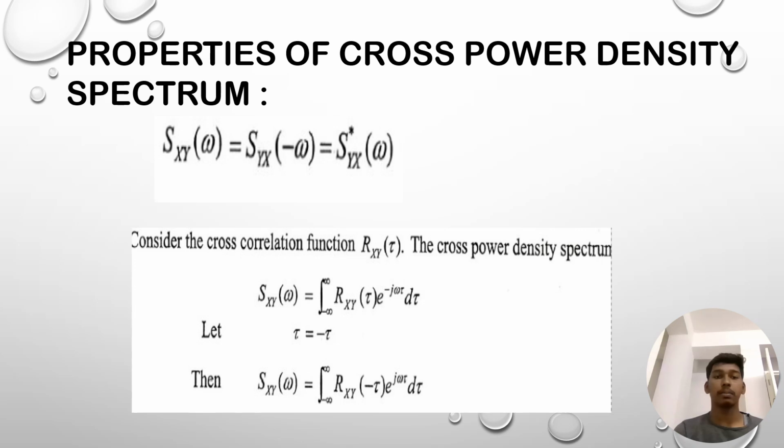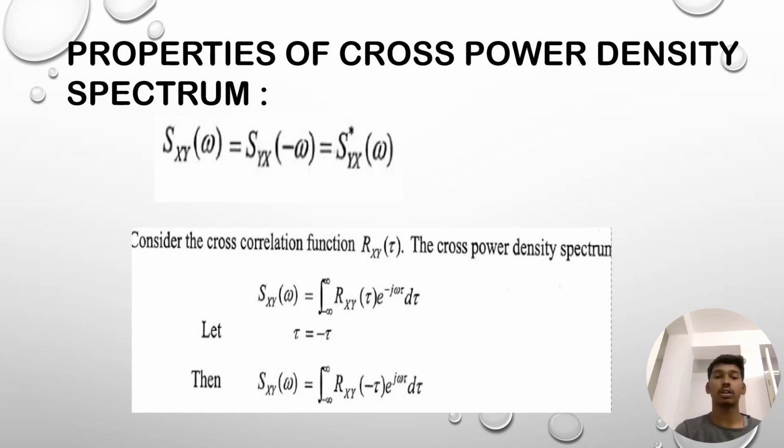Let us see the properties of the cross power density spectrum. The first property is Sxy of omega is equal to Syx of minus omega. If we apply the conjugate to the frequency term in the power spectral density, we get the same.